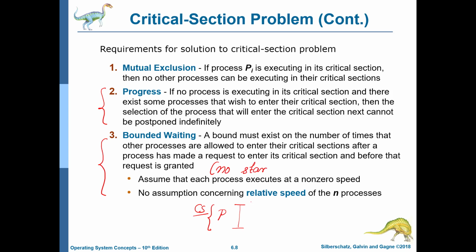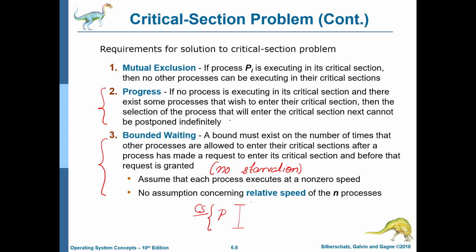If I have made a request, within a certain amount of time, it can either be bounded or finite, but clearly it's not infinite, I should get access to the critical section. It should never be the case that I am waiting and other processes are simply entering and exiting the critical section. Of course, they might be running on faster cores with higher frequencies. It doesn't matter. As far as I am concerned, I do not want any starvation.